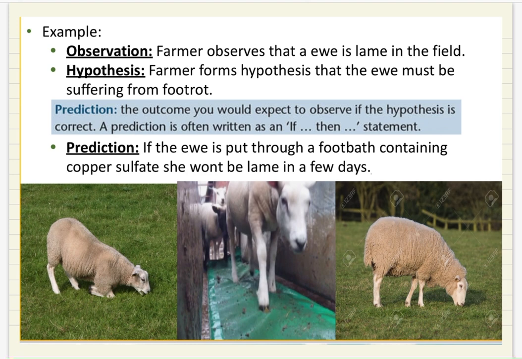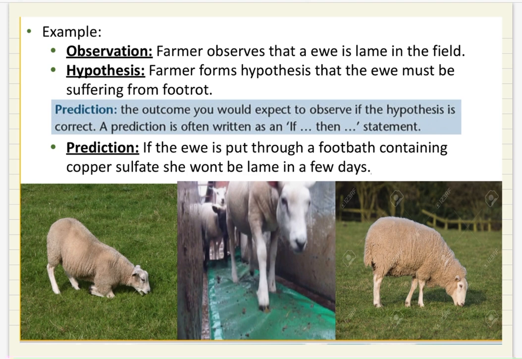If the ewe has foot rot, what is the treatment? The treatment is to walk your ewe through a footbath that contains copper sulfate. Our prediction for that experiment is, if the ewe is put through a footbath containing copper sulfate, the ewe won't be lame in a few days' time.